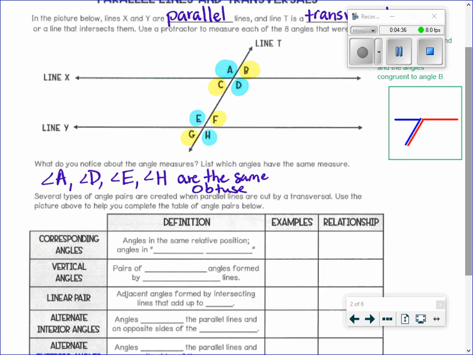And then angles B, C, F, and G are all the same, and they are acute. So even though it looks like we have 8 different letters, there are really only 2 different angles. It's either blue or yellow, either obtuse or acute.